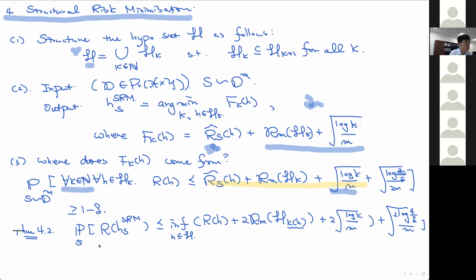This holds with probability greater than 1 minus delta. And then compare this to the guarantee for the ERM. The ERM case. So we have something very similar, but there are some slight differences. So if we run ERM over the entire H, here's what we're gonna get.